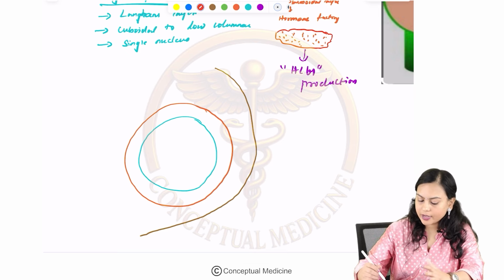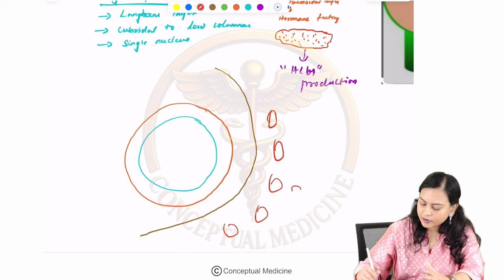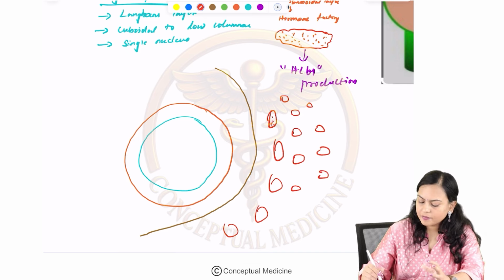As it is going to erode, it is going to encounter the maternal capillaries, right? Now what happens is, these maternal capillaries become congested and dilated, and these will be known as sinusoids.